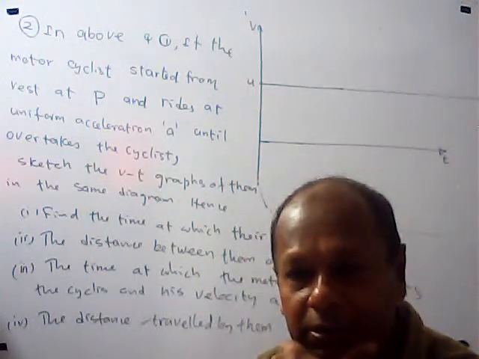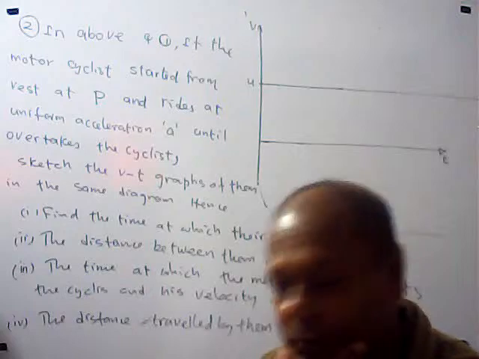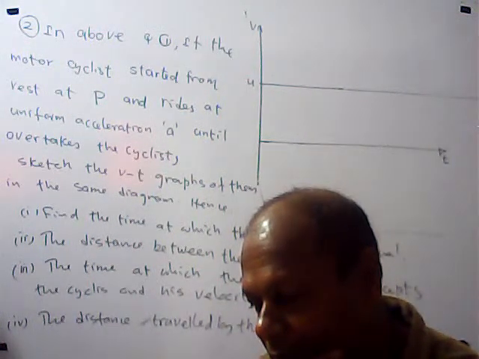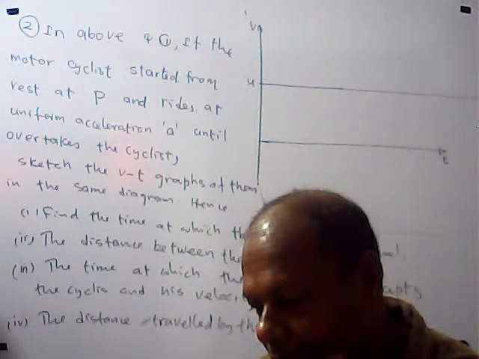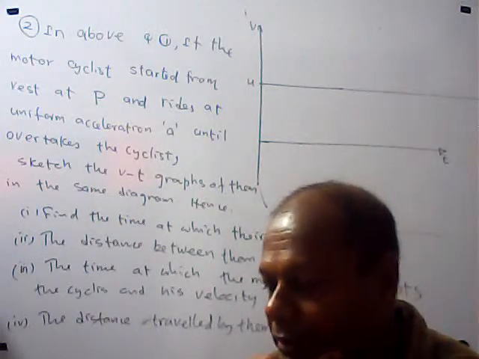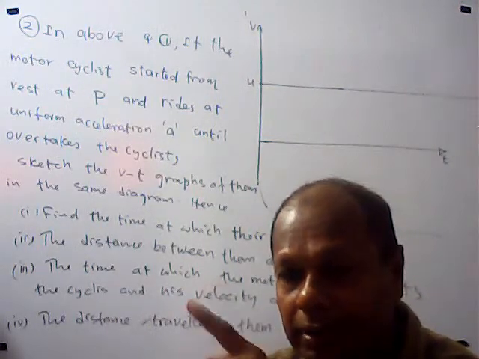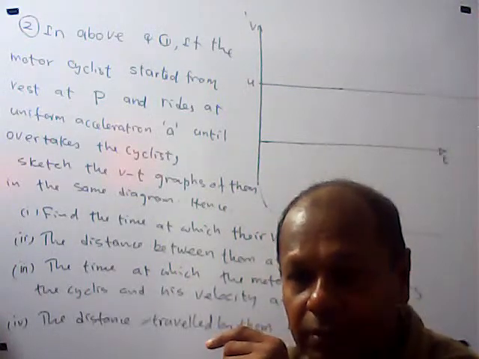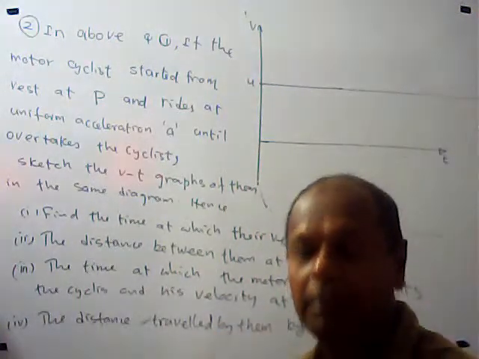At the same instant. The motorcyclist, that's how it's given in the question, right? For the motorcyclist, not like in the previous one, the motorcyclist also starts at the same instant, from t equals 0.